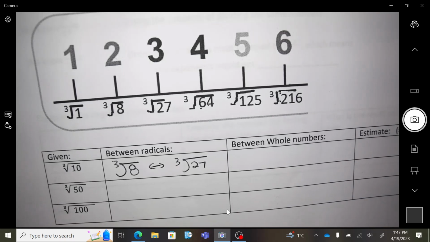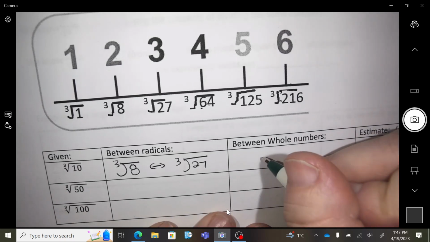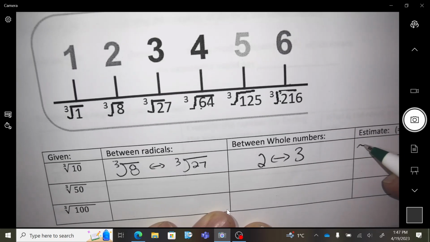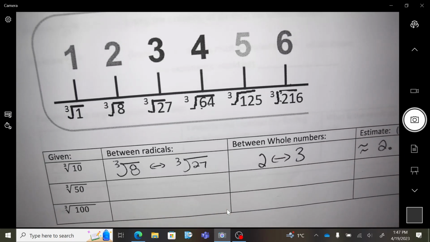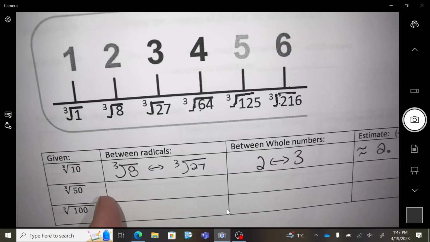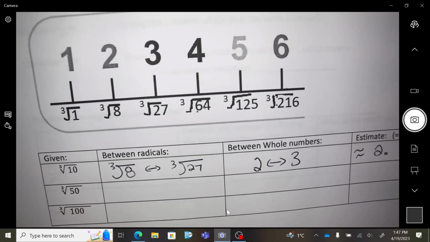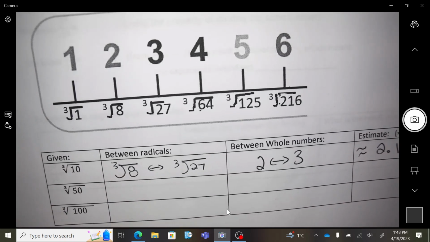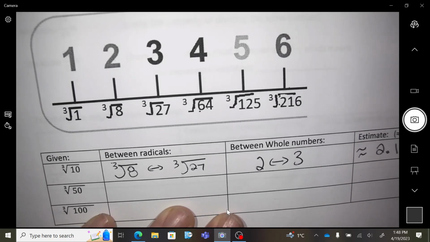Therefore, this number in my calculator should be between a 2 and 3. So it's going to be 2 point something. 10 is closer to which side? 2.2. I'm going to go with 2.1. 2.2 is good.